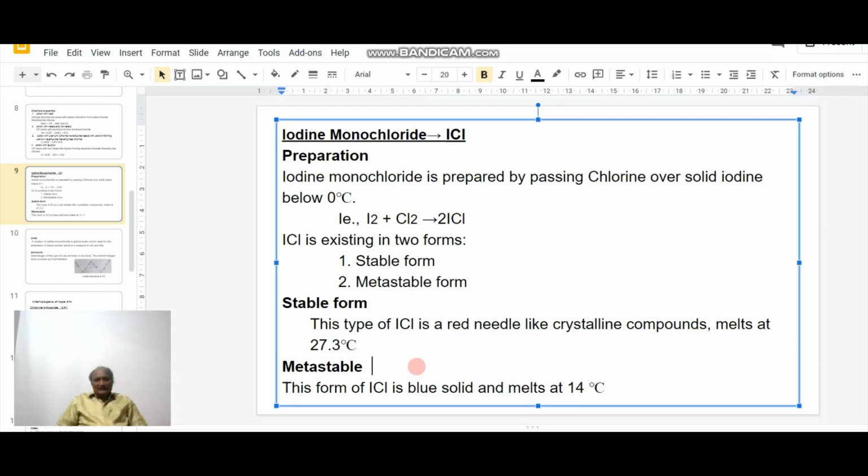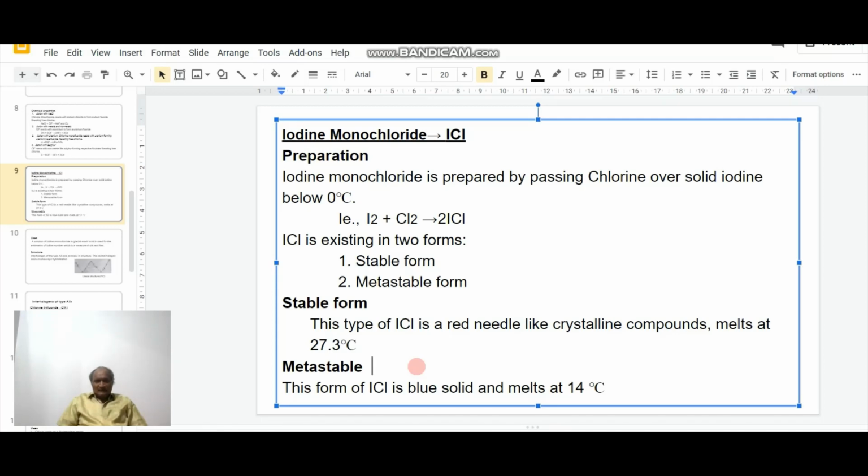Iodine monochloride exists in 2 different forms, that is stable form and metastable form. The stable form of iodine monochloride is a red needle-like crystalline compound and it melts at 27.3 degrees centigrade.